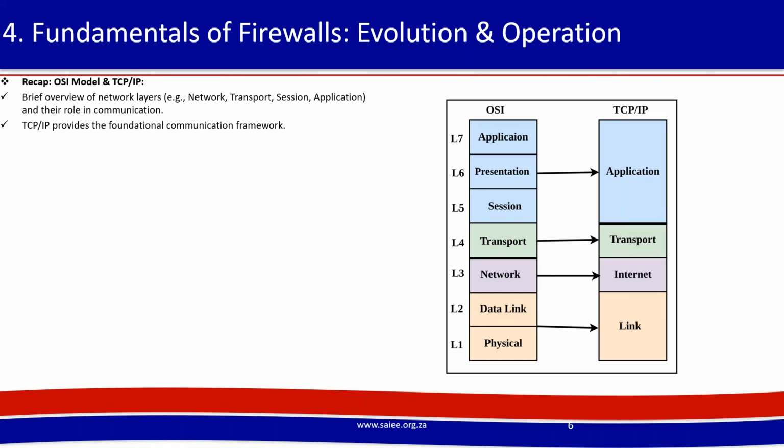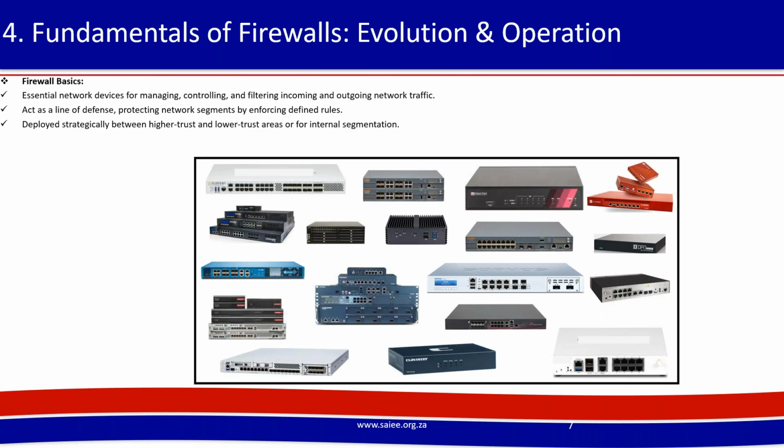A firewall is a network security device that monitors incoming and outgoing network traffic and decides whether to allow or block the traffic based on a defined set of security rules. Firewalls serve as a primary line of defense in network security.